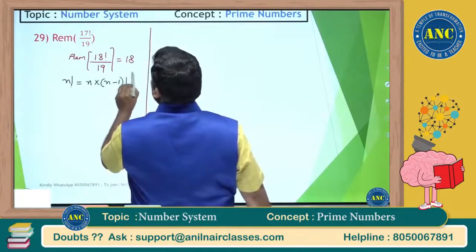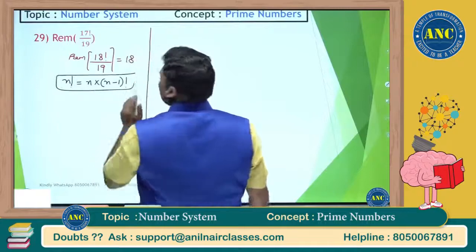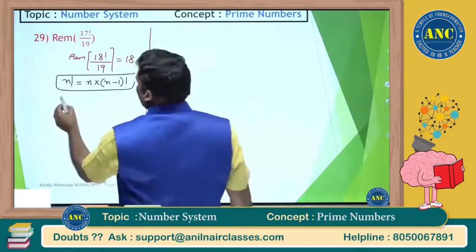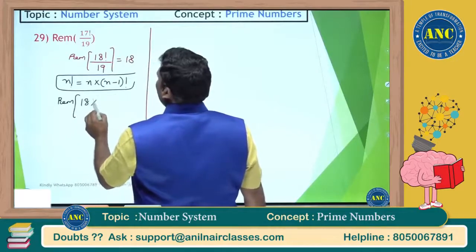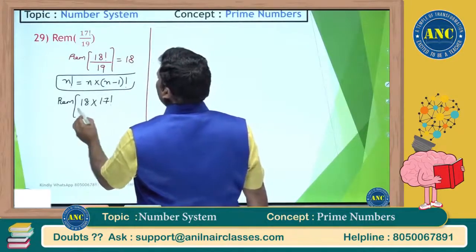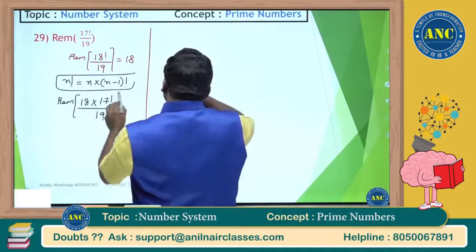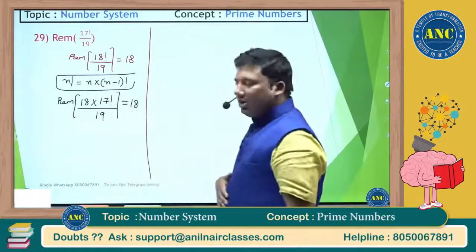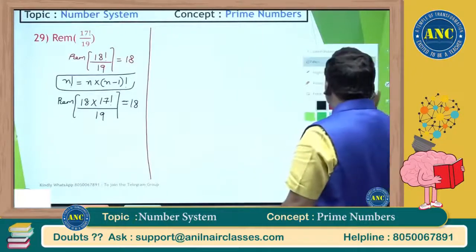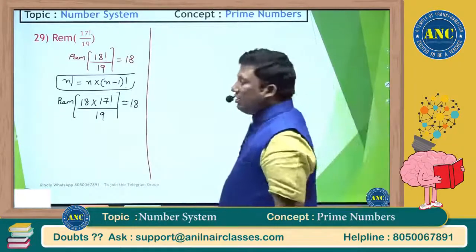So 18 factorial is defined as 18 into 17 factorial divided by 19. 18 into 17 factorial divided by 19, it is 18.